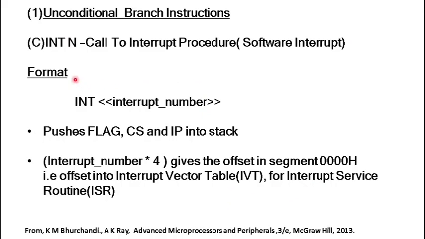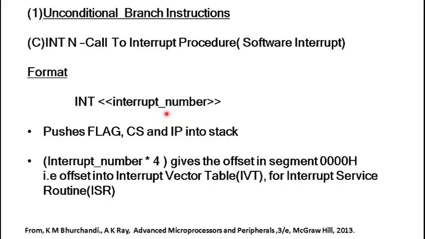It is special in that you can invoke any type of software interrupt by changing the value of n. This n is a variable, so the format of invoking a software interrupt is int followed by the interrupt number which you would like to invoke.